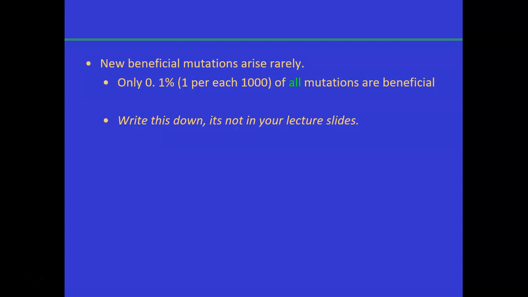It takes a long time for there to be a new trait to arise, a new gene to arise that confers an advantage and then spreads through the population. And so that's why when we talk about evolutionary time, we're usually looking at organisms changing over very long periods of time, like thousands of years to millions of years, as opposed to just changing from day to day or generation to generation.